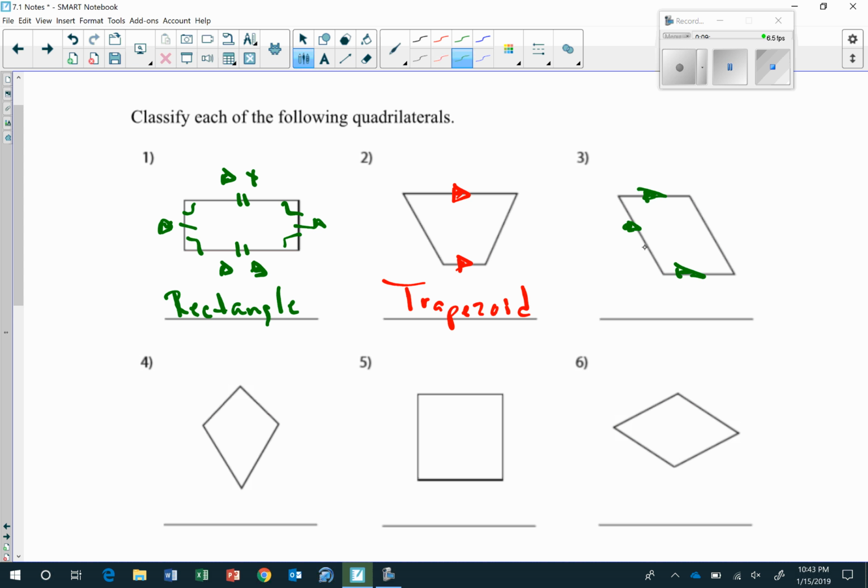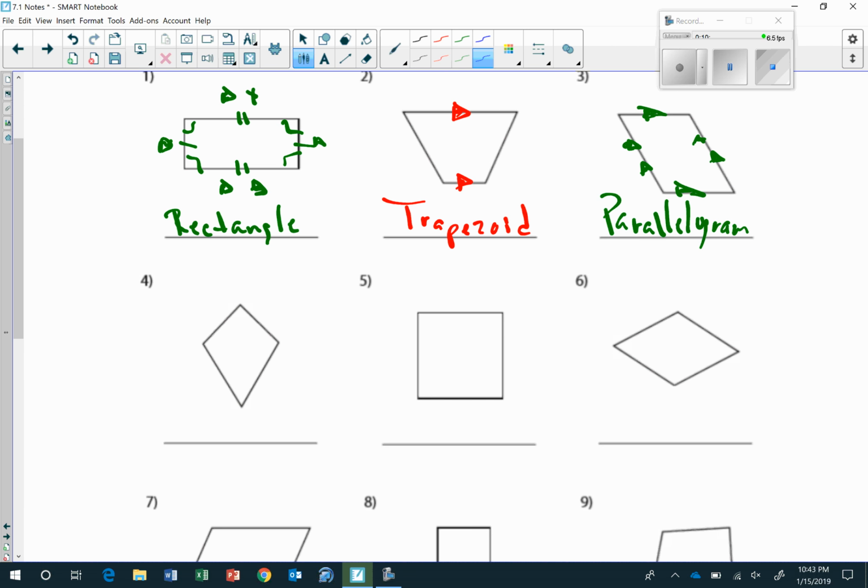The left and the right are parallel. Now, I can't tell from the drawing whether all four sides are congruent. If all four are congruent, we'd call it a rhombus. But from what we see, all we can for sure say is that it's a parallelogram. Two sets of opposite sides that are parallel.